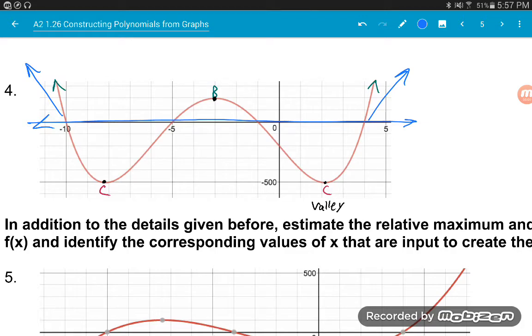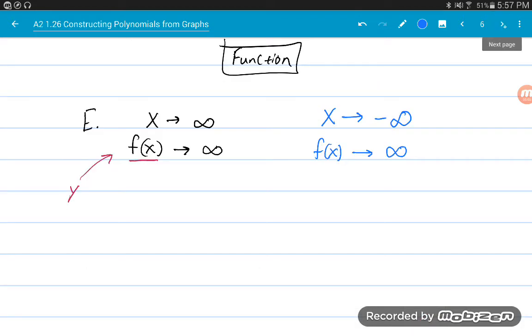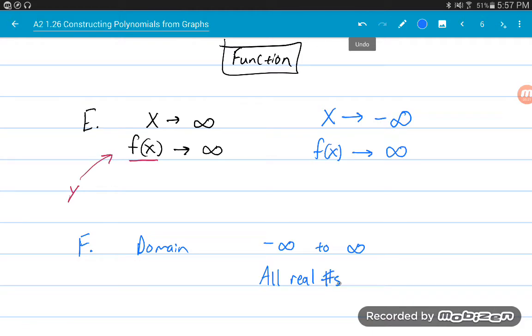So it's all covered. So the domain, depending on how you learned this, sorry, it's part F, the domain could be from negative infinity to infinity, but the way that I like to write it is all real numbers, or you can just write it as the all real numbers symbol, which is the R with the double vertical.